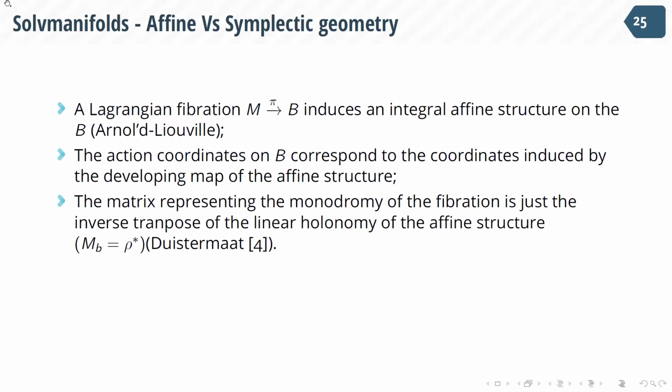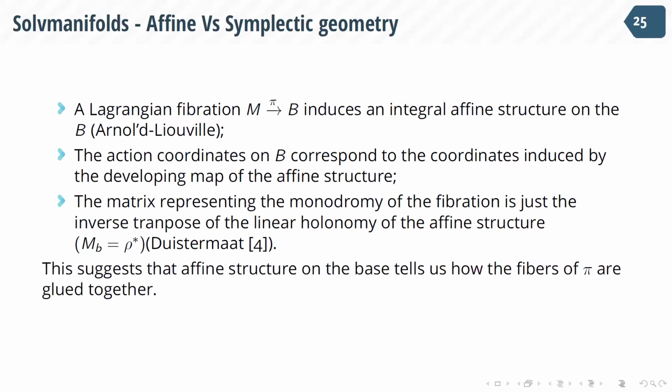Moreover, an observation already made by Duistermaat is that the matrix that represents the monodromy of the fibration is just the inverse transpose of the linear holonomy of the affine structure. This remark is very important because it suggests that by looking at the affine structure of the base, we are able to control how the fibers of the total space are glued together. So by controlling the affine structure, we can control the topology of the total space.